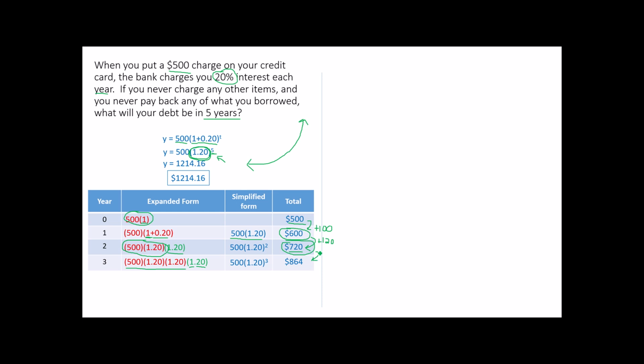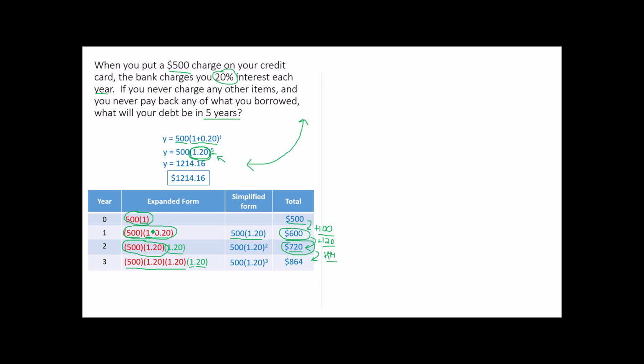Notice, what I owe them increased again. The first time I owed them $100 extra. The second time I owed them $120 extra. This time I owe them an extra $144. My rate of growth keeps increasing every time we compound, or every time we start a new year, because that first or base amount is getting larger.